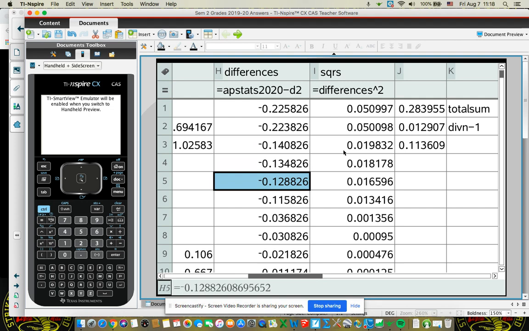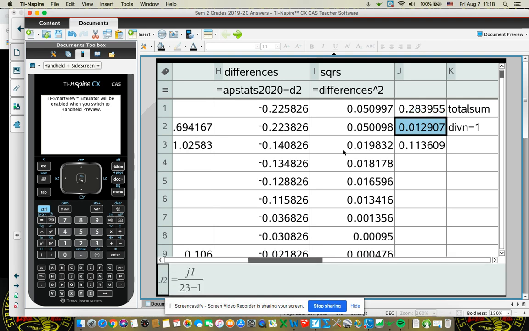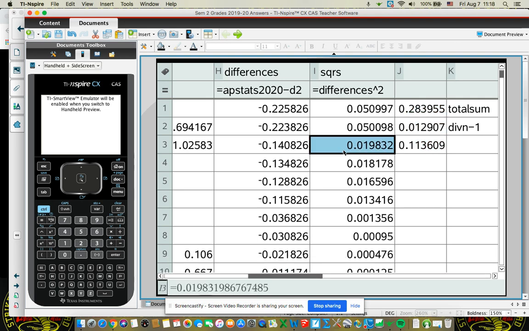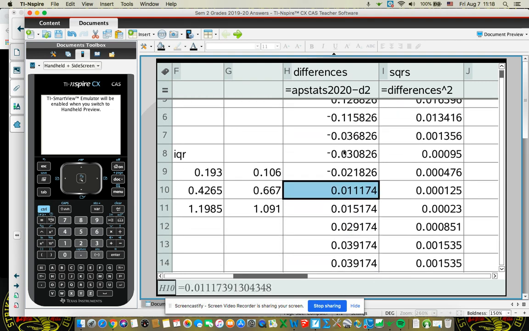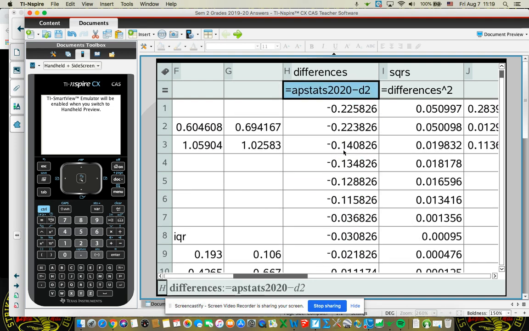It takes all the differences, it squares them, it adds all those squared differences up, divides by n minus 1, and takes the square root to give you an average difference, if you will. It's an average difference. And it should make sense. Let's look at all these differences. These differences were really close to the mean, so they're small, 0.01, 0.02, 0.03, that kind of thing. These differences, the ones at the very top, are really far away from the mean, so they're like 0.22.